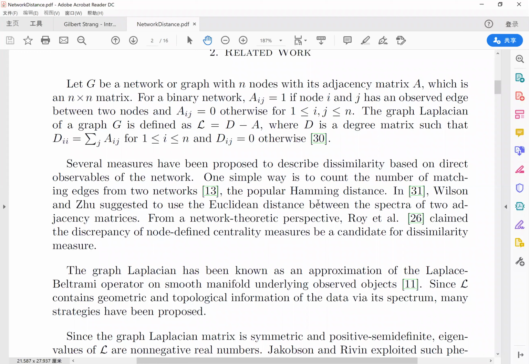The entry of this graph is called the adjacency matrix, where Aij is equal to 1 if i and j are connected, and Aij is 0 if they are not connected. This is a really important matrix.